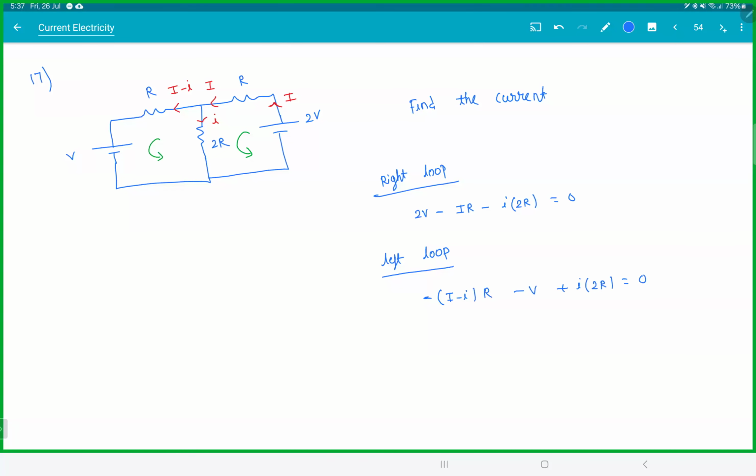Check, we have two equations, two unknowns. If you solve, you should get I is, yeah, most of you got the same answer, V by 5R. Simultaneous equations, two equations you can solve. First, check your equations. If you got the equations right, then it's a matter of solving.